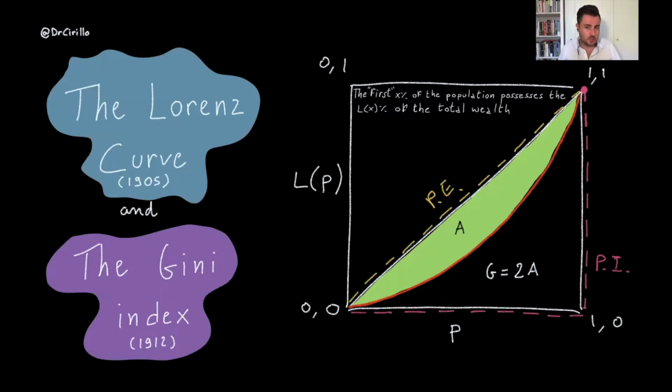Now, I'm not saying that this is what happens in reality, but we can easily understand that just looking at the Gini index without considering other quantities of the economy can be highly misleading, okay?